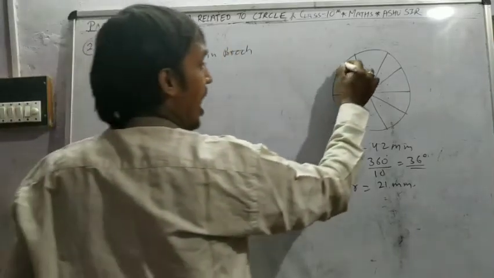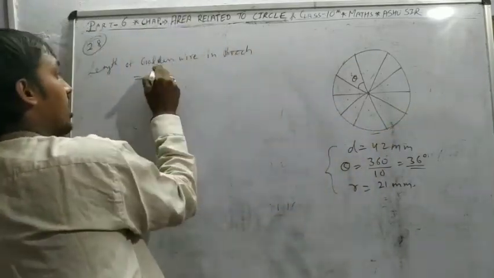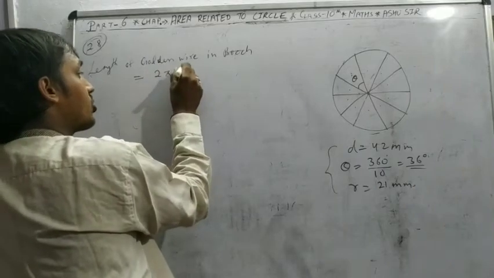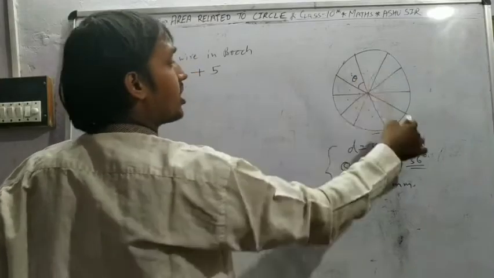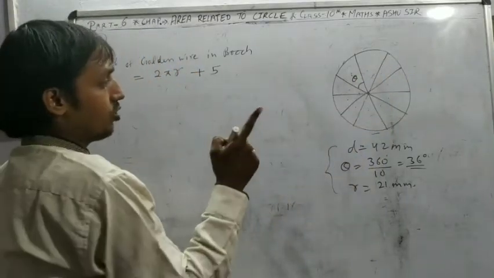So, wire used in the outer part, that is the circumference of the circle, plus these 5 diameters are also golden wire.